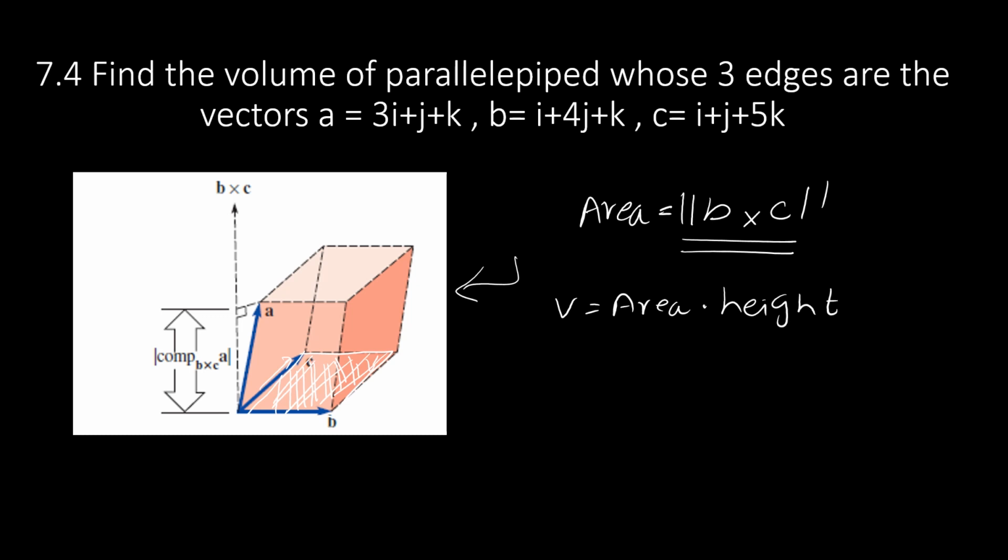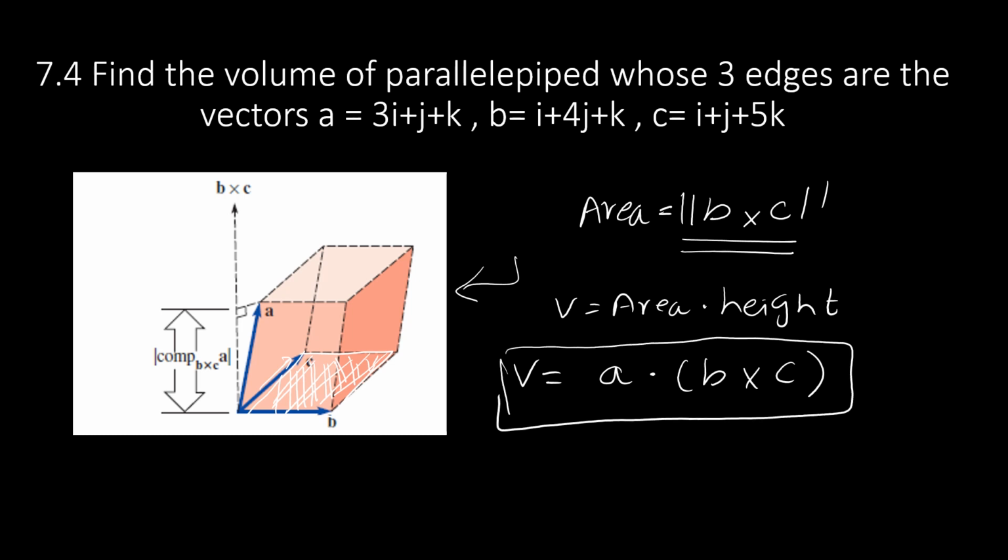Since this is a triple scalar product, this can be written as A dot product with B cross C. So this will give us the volume of this parallelepiped. This is the formula that you need to know.